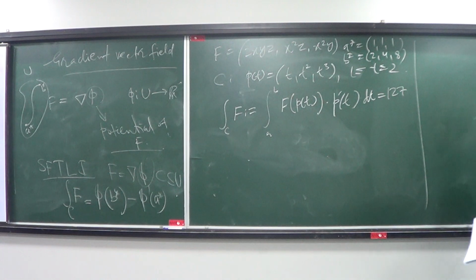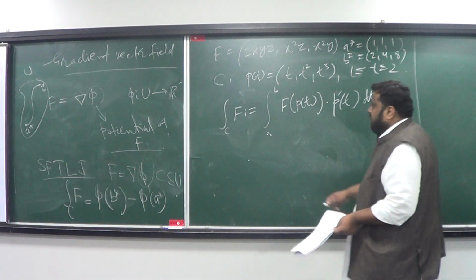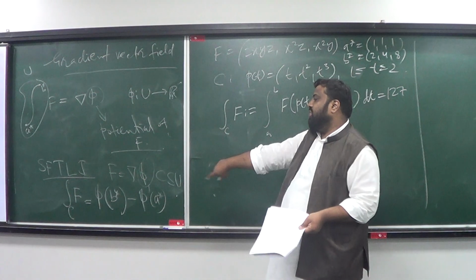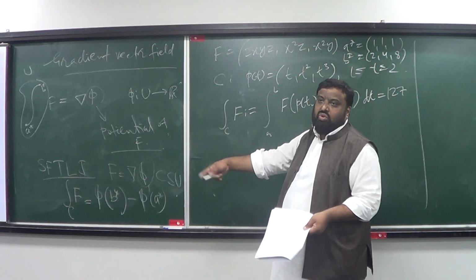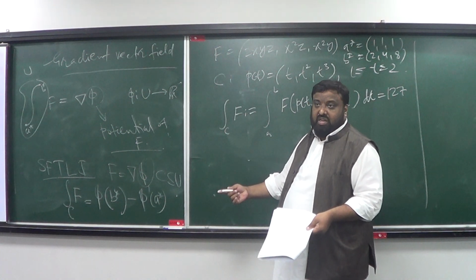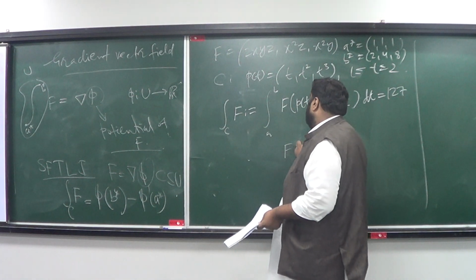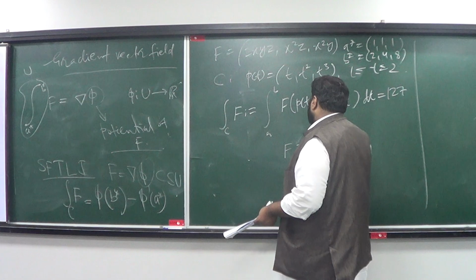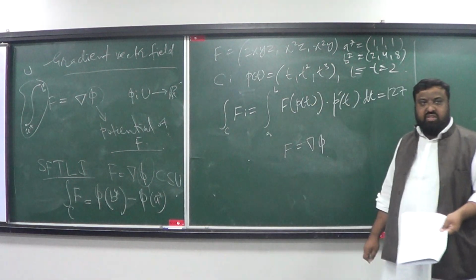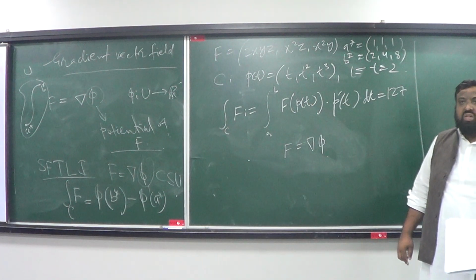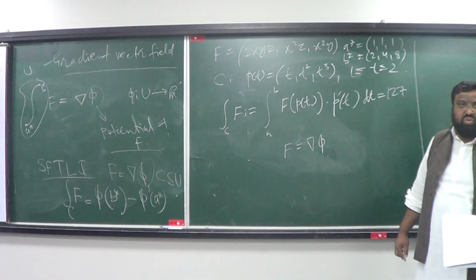Obviously, if you want to compute the other side, you need to know the potential. In other words, you want to solve this equation for phi. F is known to you, so phi is unknown.